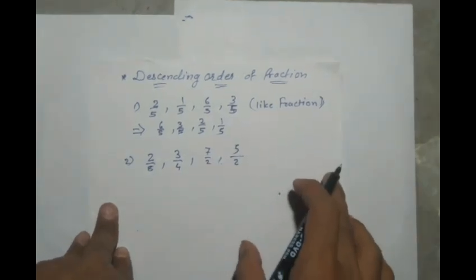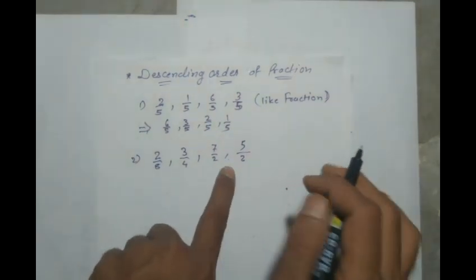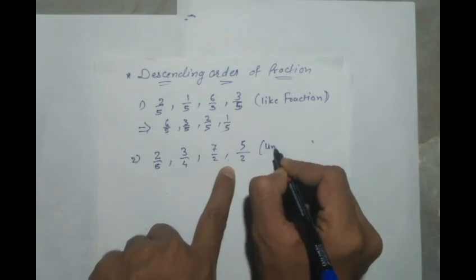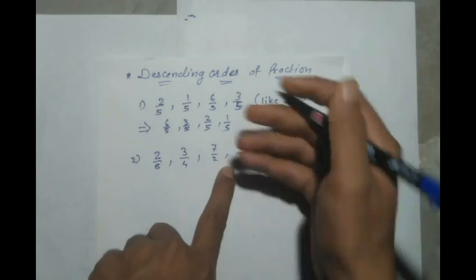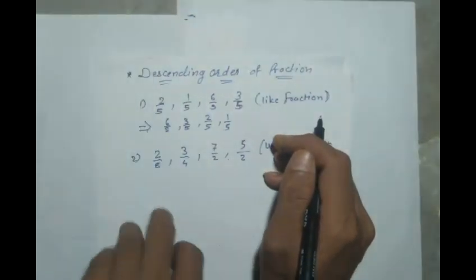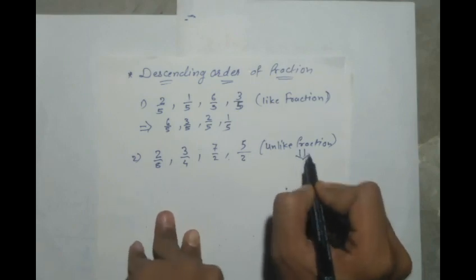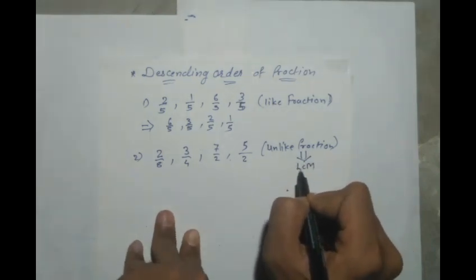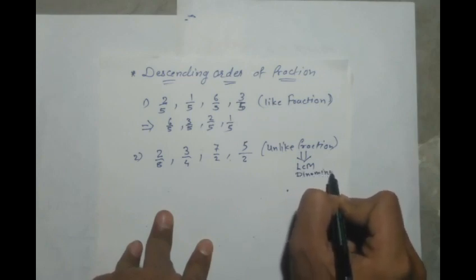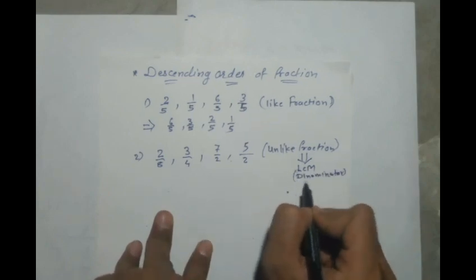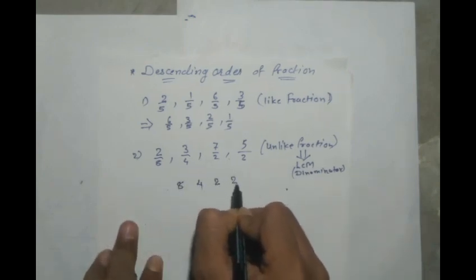Here we have taken fractions with different denominators, which means they are unlike fractions. Whenever we are working with unlike fractions, we take the LCM of the denominators. So let's take the LCM of the denominators 8, 4, 2, 2.